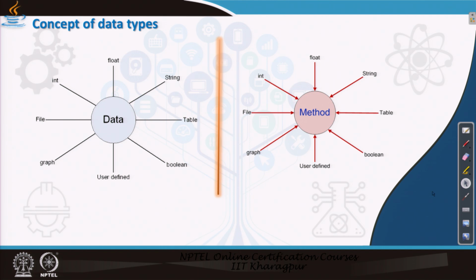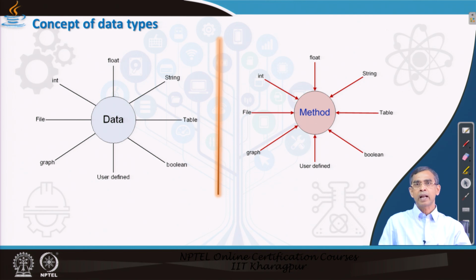And the first thing that I want to say is that the data that are available at the moment are in different forms. Data can be in the form of integers, floating point values, characters or strings, and there are many other complex types of data: a table, a graph, or whatever it is.